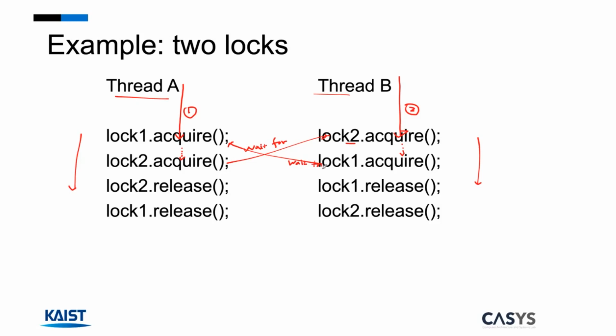So this is circular waiting: thread A is waiting for B, thread B is waiting for A. These circular relations cause deadlock. These are the most common use cases, the most common example of deadlock.